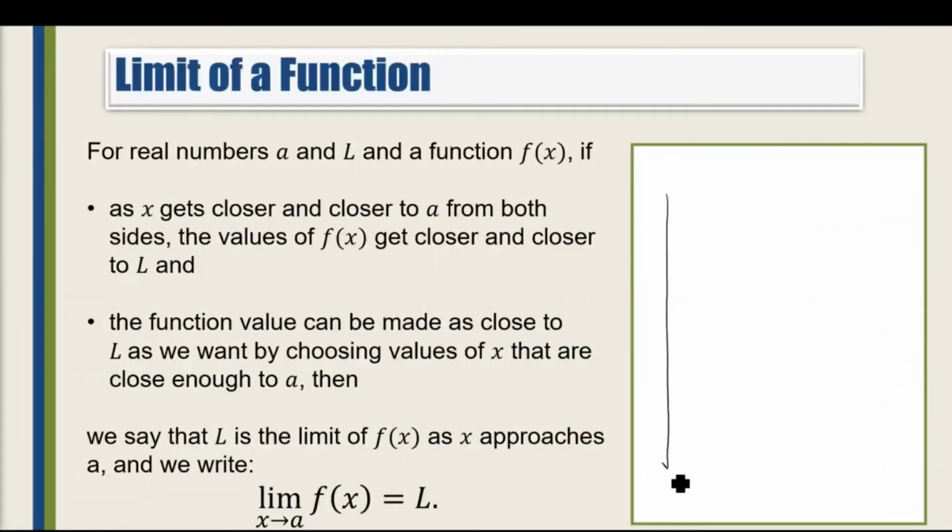So again, if I'm looking at the graph of a function, and maybe it looks something like this, and I want to look at what happens as x approaches a.